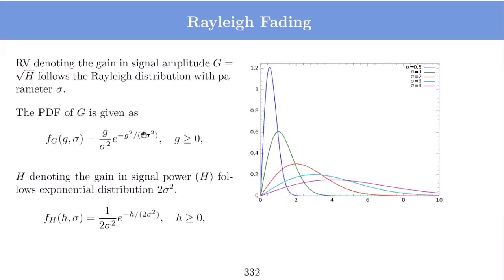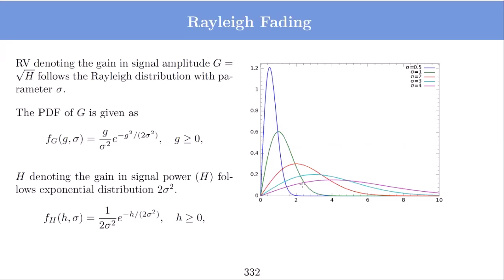And if I calculate the gain in the signal power, the gain in the power is equal to G square, and its distribution is exponential.